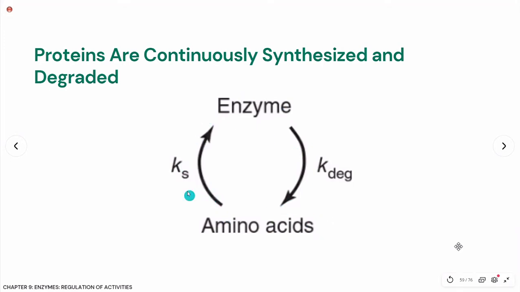But as we said, this does not occur in one place. So enzyme synthesis is found in one place away from enzyme degradation, or protein degradation, because most of the enzymes are protein.